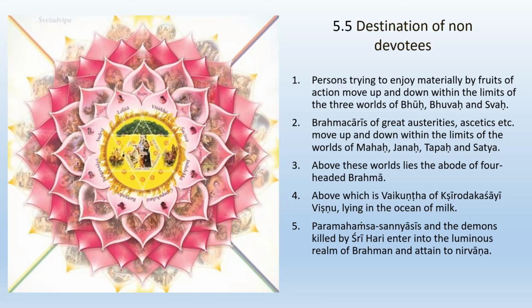Urdhvam gacchanti satvastha madhye tishthanti rajasa jaghanya guna vrittistha adho gacchanti tamasa. That's what Kṛṣṇa says in the 14th chapter of Bhagavad Gita, right? So adho gacchanti, whoever goes downward, they have to wait for their turn to come again to the Bhu, Bhuva, Swa, or the earthly planet system, again to go back and on.